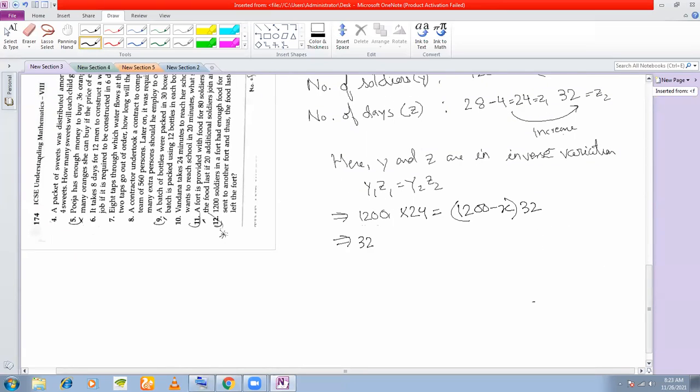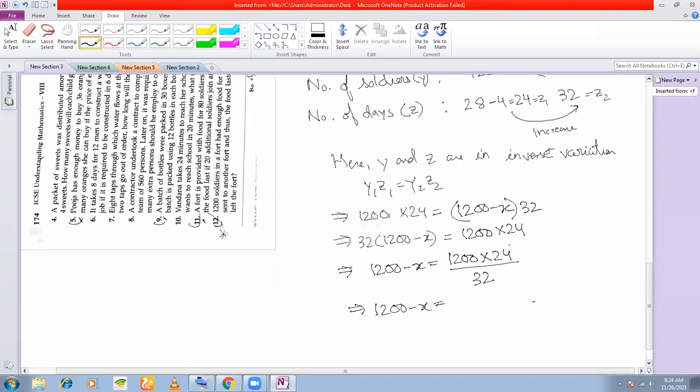So you get 32 into 1200 minus X is equal to 1200 into 24. So you get 1200 minus X is equal to 1200 into 24 divided by 32. Now you can cancel here.